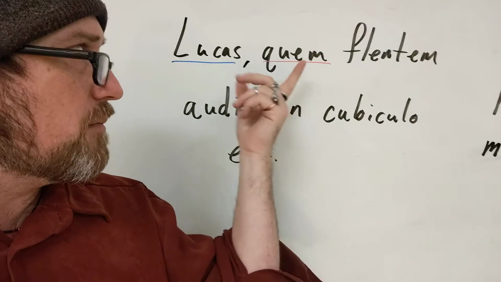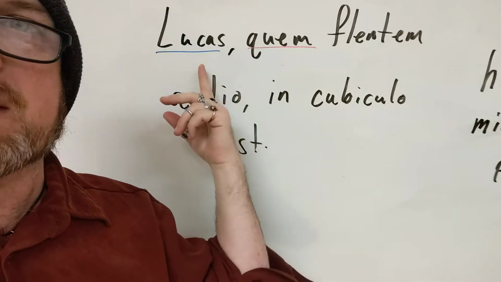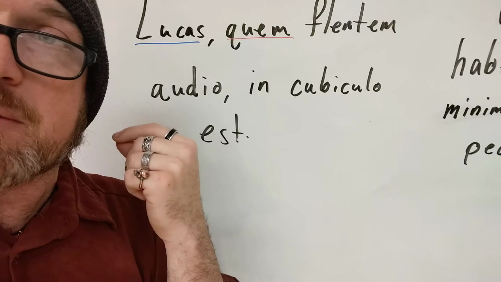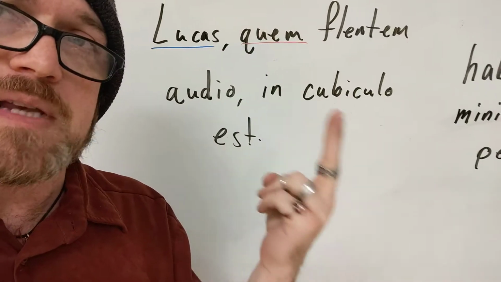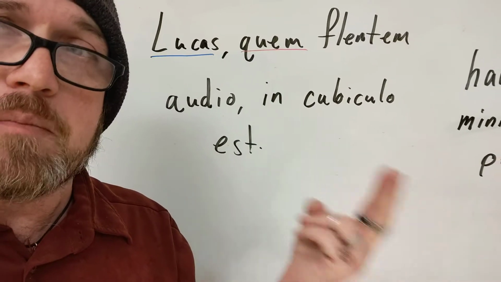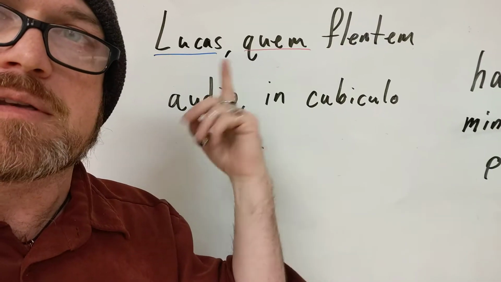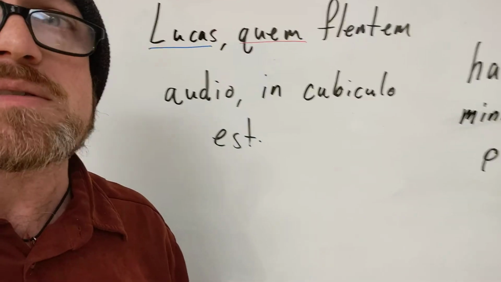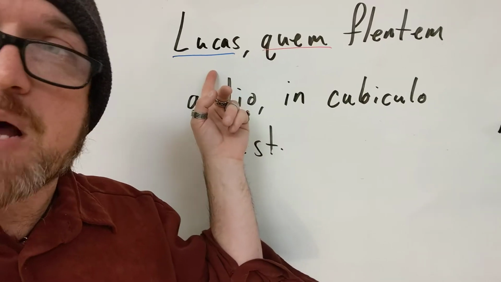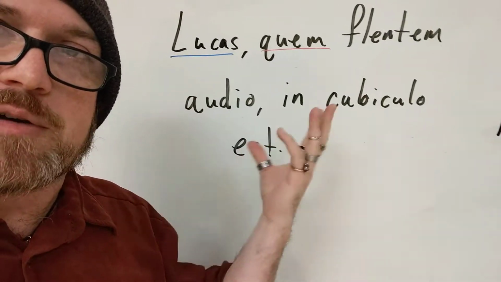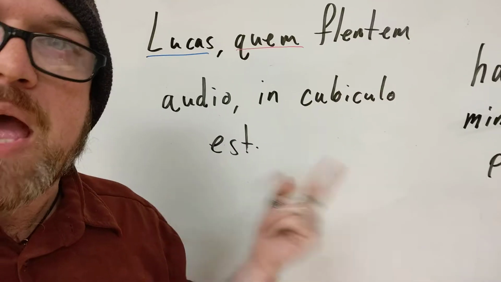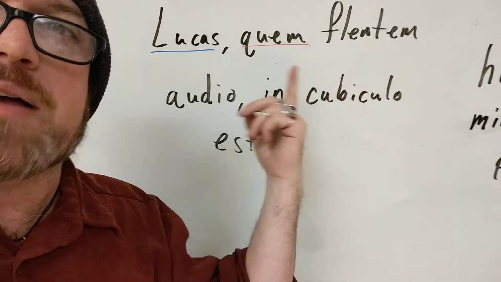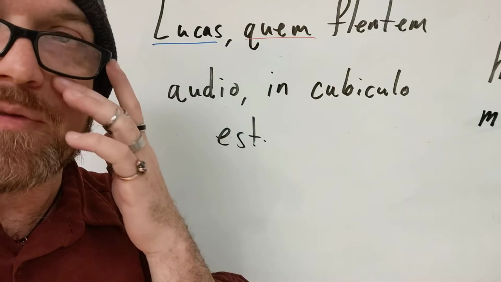And again, my relative pronoun and the antecedent that I'm describing are in the same gender and the same number. They're singular and masculine. Luke is singular masculine. Quem is singular masculine. These two, however, are not in the same case. Lucas is nominative because he is the subject of being in the bedroom. However, quem is not the subject of the relative clause.